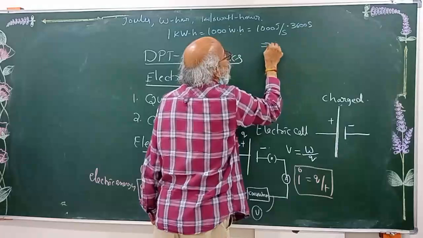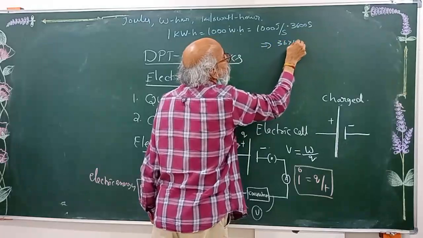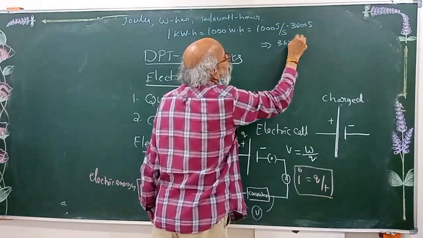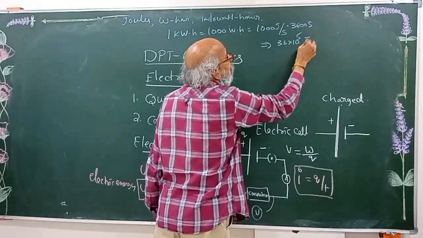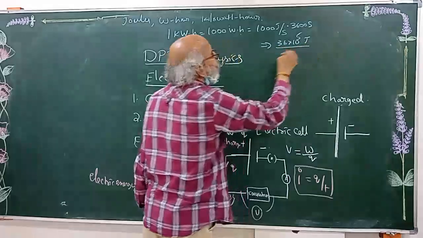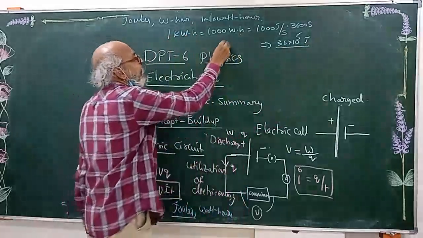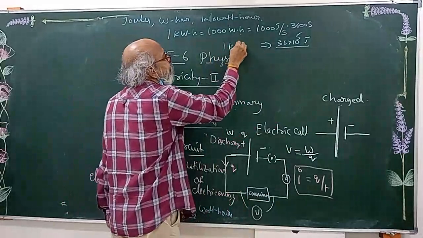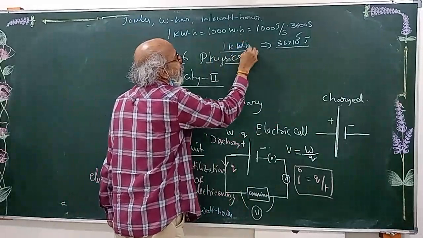It will be equal to 36 into 10 to the power of 5 joules. That, 36 into 10 to the power of 5 joules, will be called 1 kilowatt hour, which is the unit of electric energy.